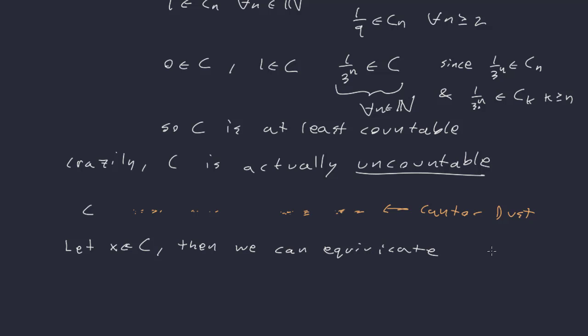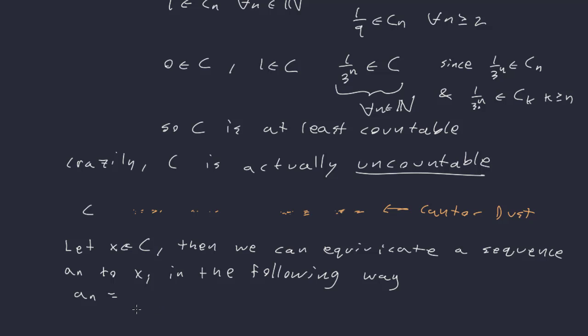We can equivocate a sequence a sub n to x in the following way. Okay, so a_n is going to be a sequence of basically just zeros and ones.